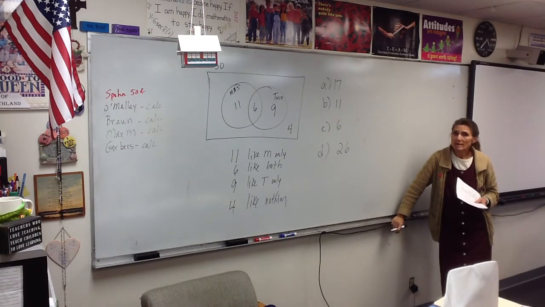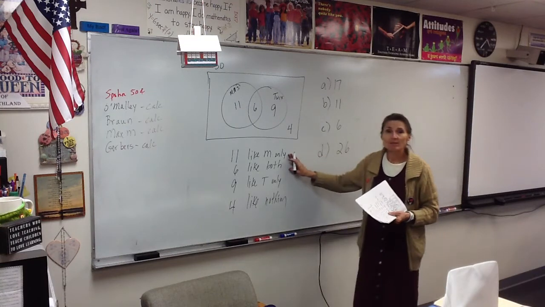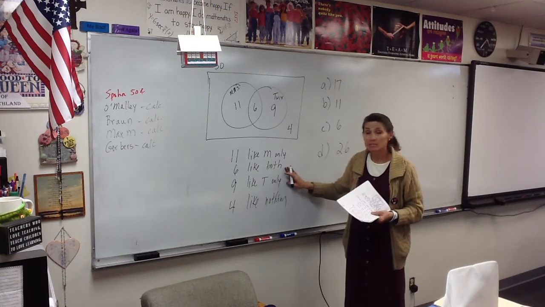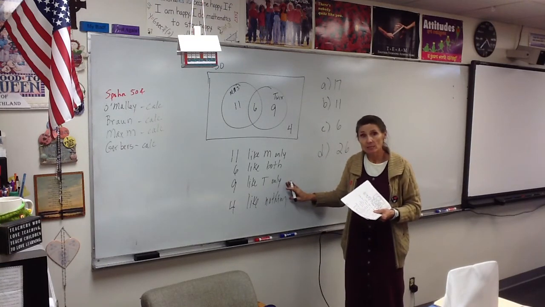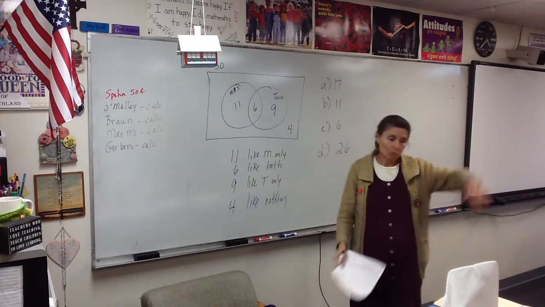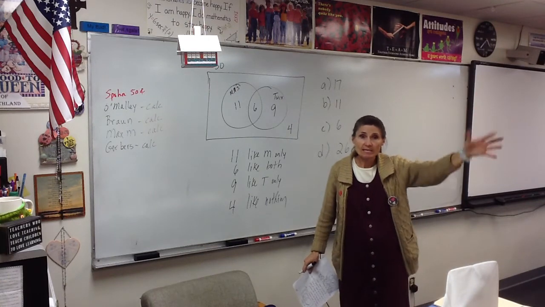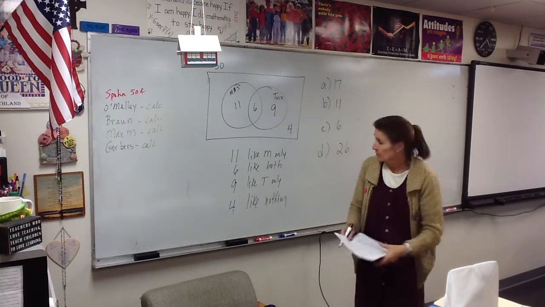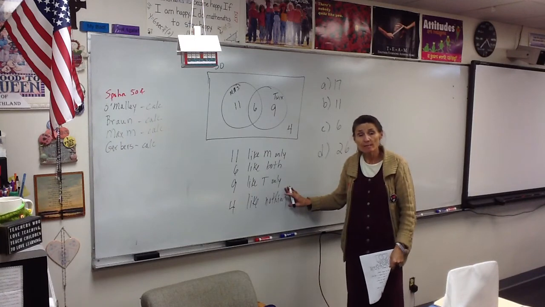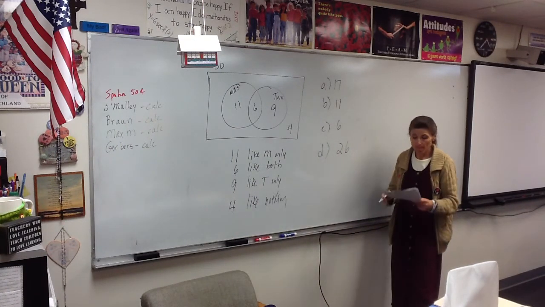How come there's 26 that like one or the other? Well, there's 11 that like M&Ms only. There's 6 that like both, and there's 9 that like Twix only. So how many kids in this class raised their hand once or twice when the teacher said, do you like this candy? You see how there were 26 kids who raised their hand? There's 26 candy eaters in this class.